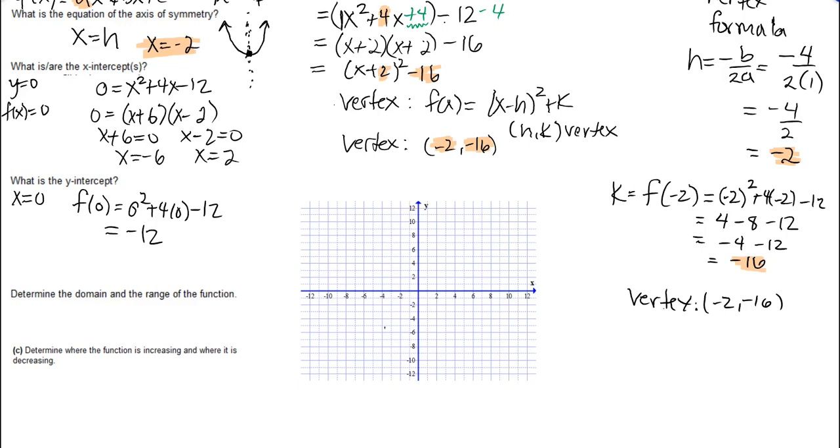So if I continue this down, that would be negative 13, 14, 15, 16. So negative 2, negative 16 is where the vertex would be.